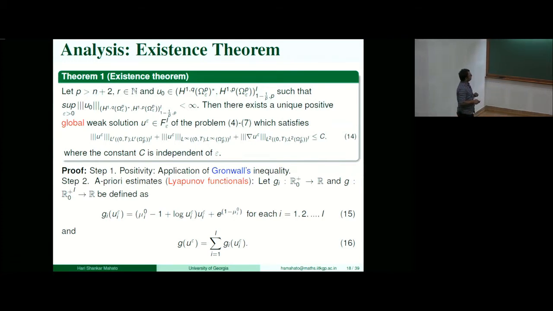First of all, we define a function g_i, and based on these g_i, we defined our function g, which is the sum of these g_i's.